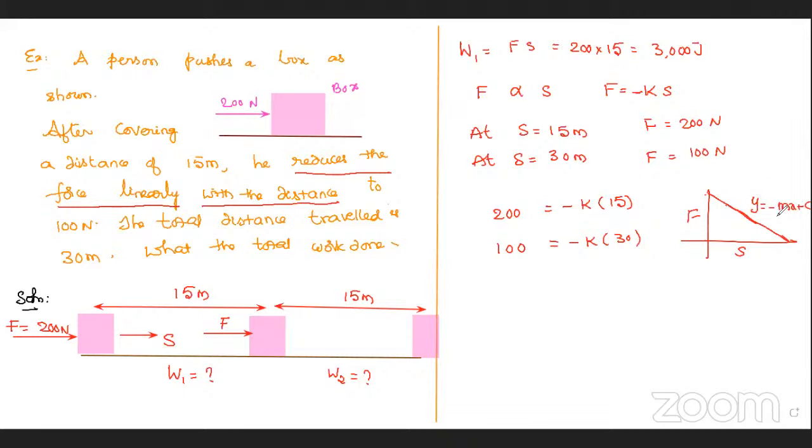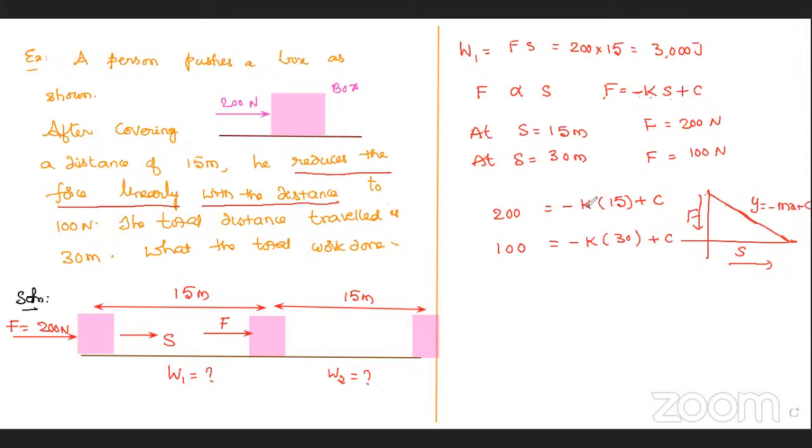Force is decreasing with the increase of displacement. That's why according to mathematics, the equation for the straight line should be y equals minus mx plus c. So extra I have to write plus some constant here.